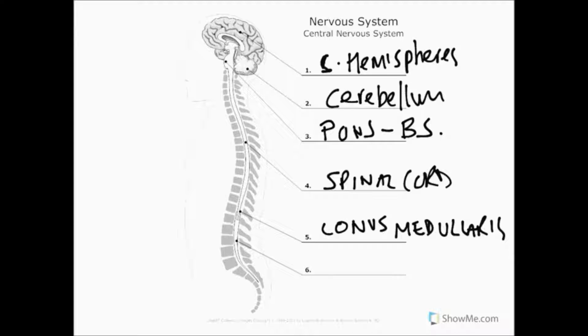Now, the continuation of the conus medullaris is actually a part of the connective tissue, which is the pia, and also has a dural component. And so 6, if it was the continuation of the conus medullaris, would be known as the filum terminale.